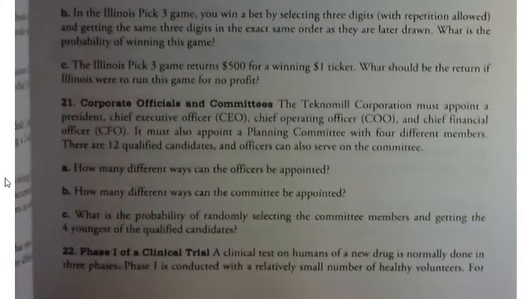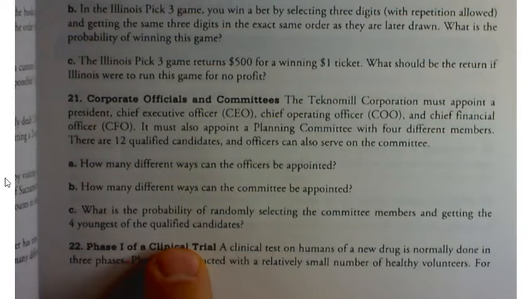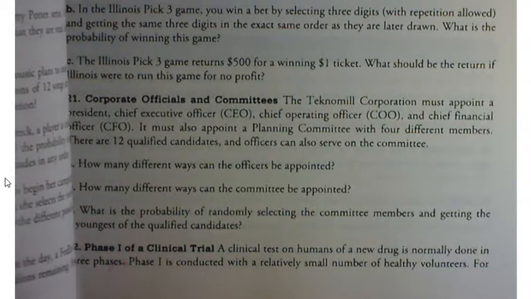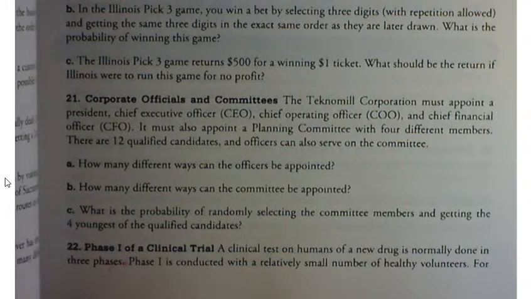Last but not least, what is the probability of randomly selecting the committee members and getting the 4 youngest qualified candidates? So another probability question here. We've got the 4 youngest candidates. Well, how many ways are there to get the 4 youngest candidates?